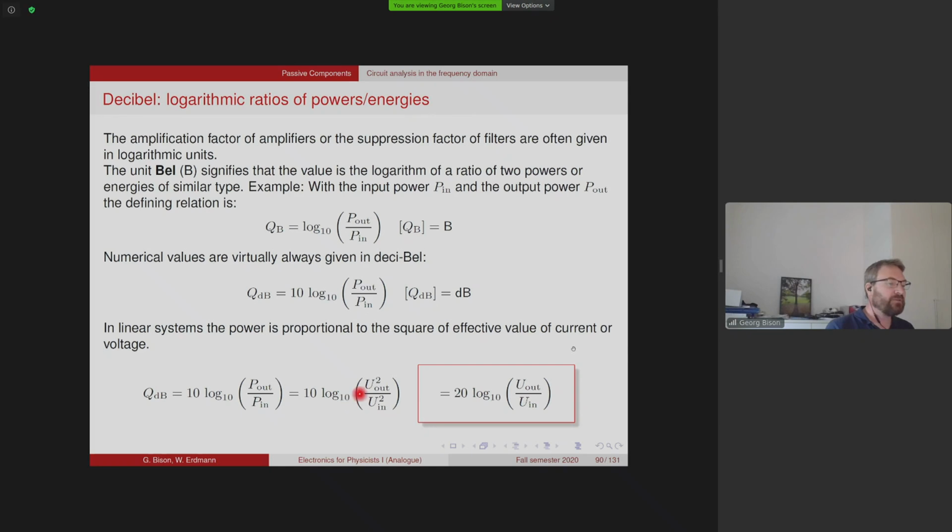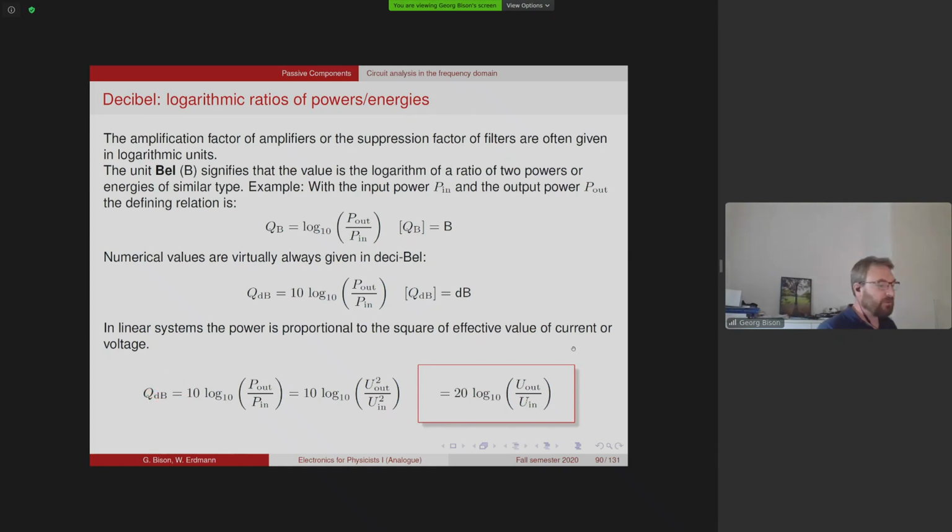And so we can simply replace this ratio of powers with the ratio of voltages squared. Now the square can be taken out and it leads to a factor 20 instead of a factor 10. So the same amplification factor can be specified using this formula as a ratio of powers, or using this formula as a ratio of voltages. It's numerically the same value in decibels.